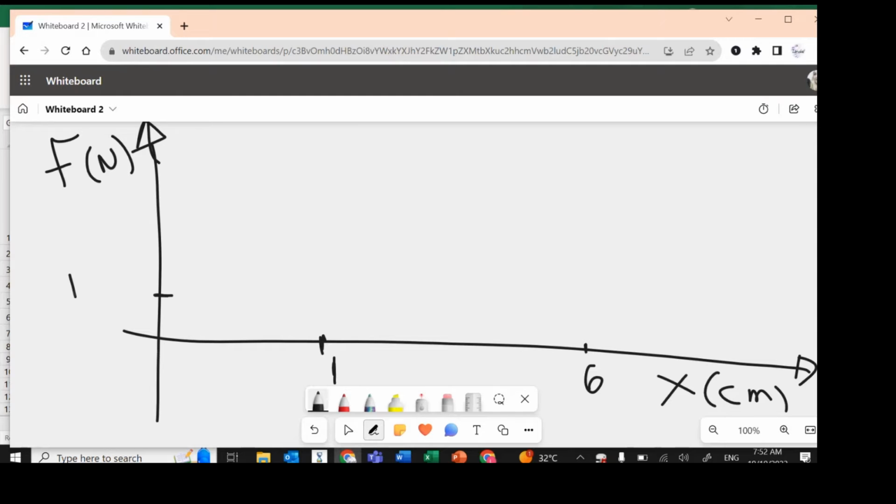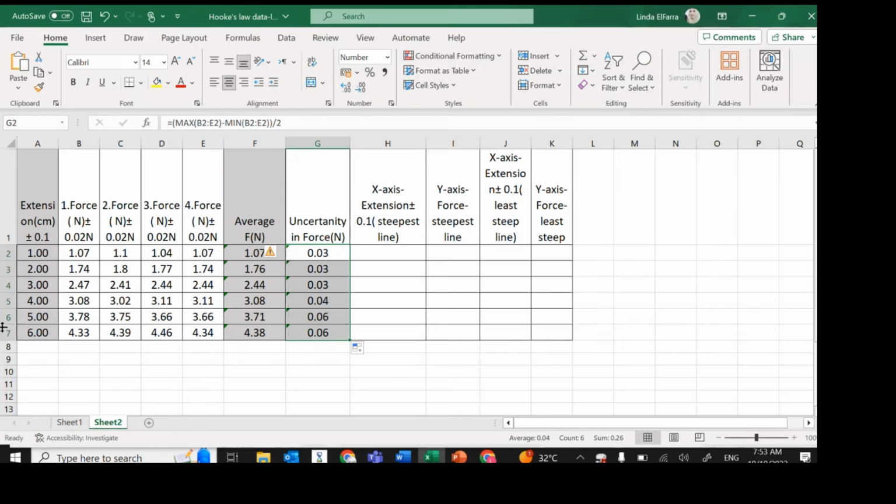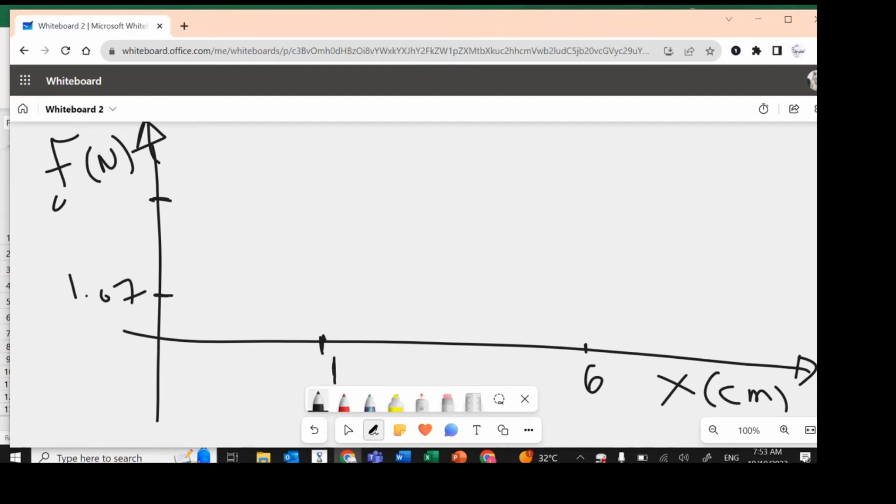Y is 1.07 for the first average value of forces, and the last one is 4.38. So this is our first value, and this is going to be our last value.